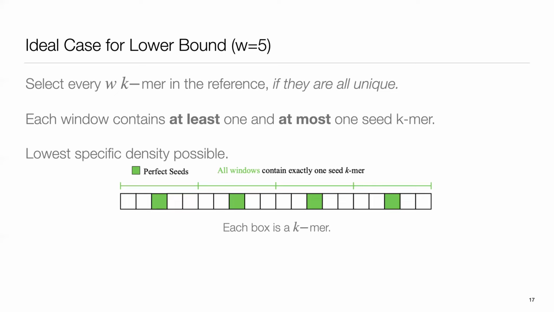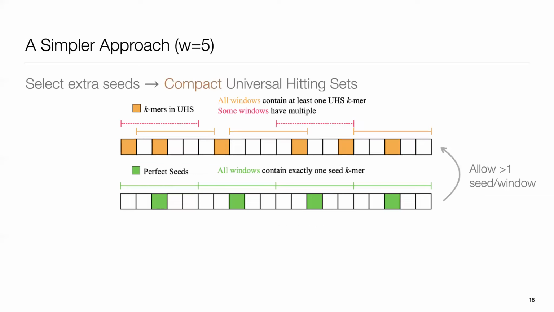So what people have been doing when this assumption is not true is relaxing the requirement for perfect Cs one way, allowing more than one C to appear in each window. This results in a concept called universal hitting sets, where the set needs to, as suggested by its name, intersect with every possible window of W plus K minus 1 characters.